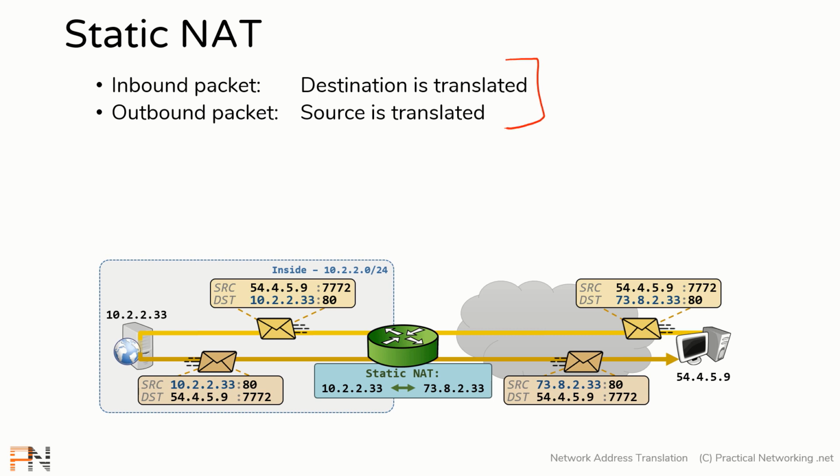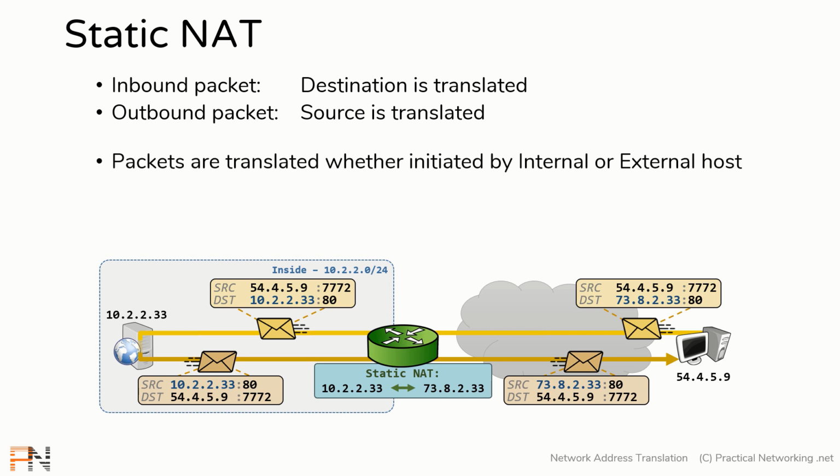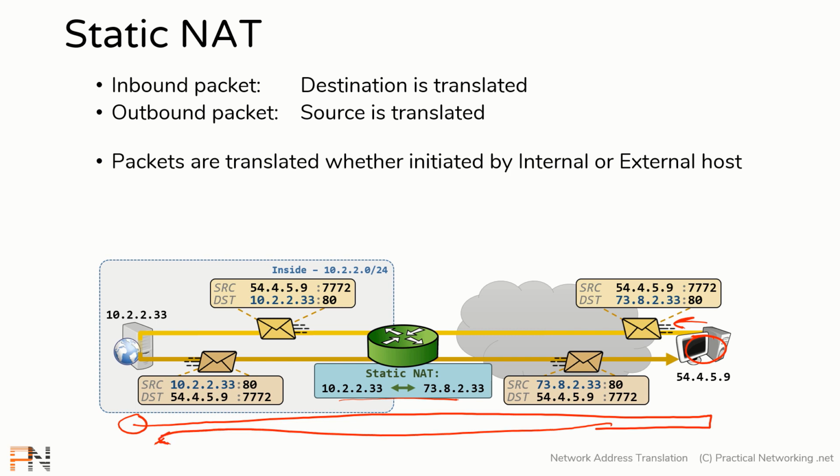The second thing we want to highlight with static NAT has to do with who initiated the packet. In our example, the external host initiated the first packet, initiated this particular communication, and it worked. It translated through our configuration. But a static NAT would have also worked had the internal host initiated the conversation and the external host simply responded.